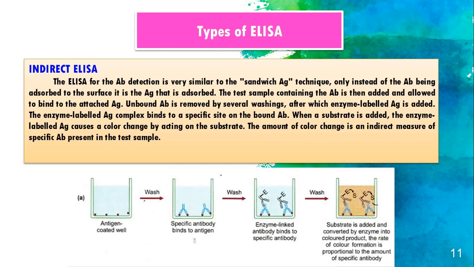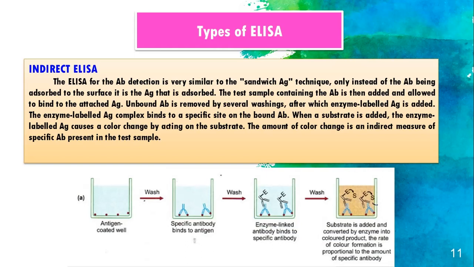Unbound antibody is removed by several washings, after which the enzyme-labeled antigen is added. The enzyme-labeled antigen complex binds to a specific type on the bound antibody. When a substrate is added, the enzyme-labeled antigen causes a color change by acting on the substrate. The amount of color change is an indirect measure of specific antibody present in the test sample.